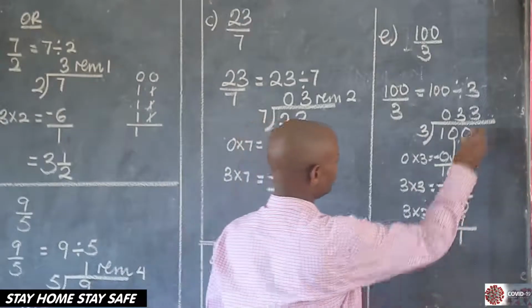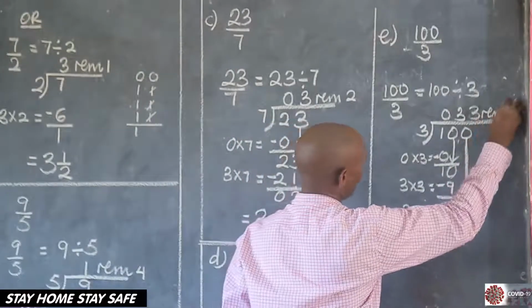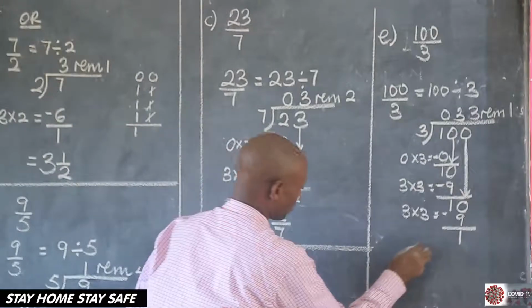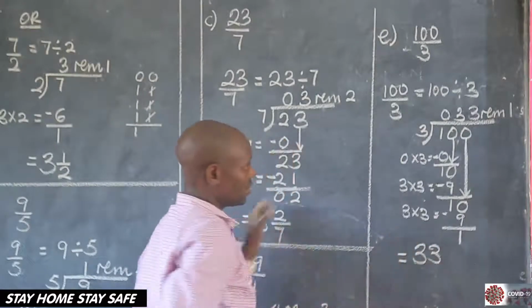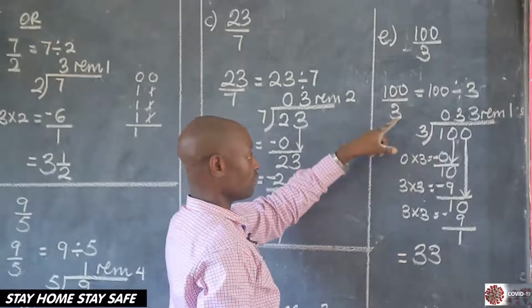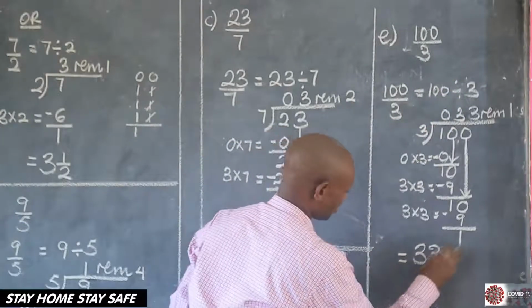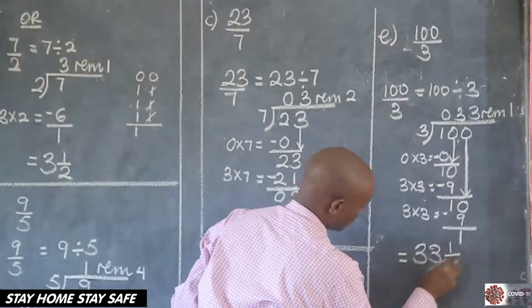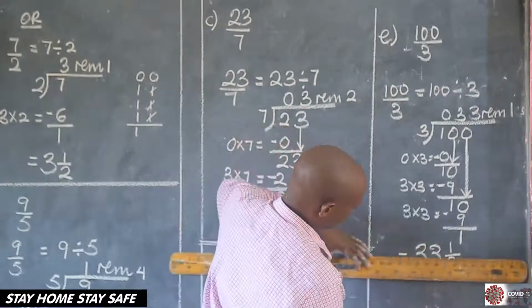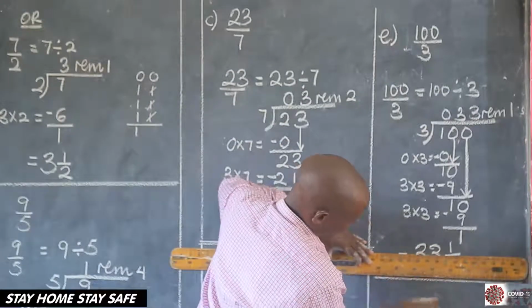So this one becomes our remainder. And therefore, when we are writing, we shall write 33. The remainder is going to be a fraction of a third. So it is 33 and a third. Therefore, our answer becomes 33 and a third.